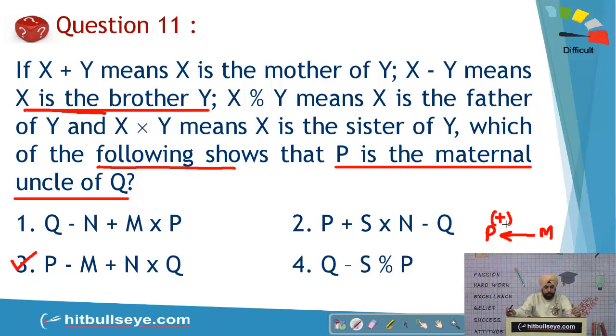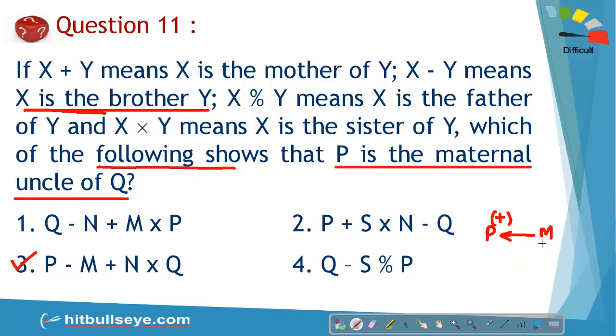M plus N. Plus means M is the mother of N. Now here you get to know that M is the mother of N. We get to know the gender of M. It happens to be a female. Then after that, N multiplied by Q. It says N is the sister of Q. Now just see, the question was what?